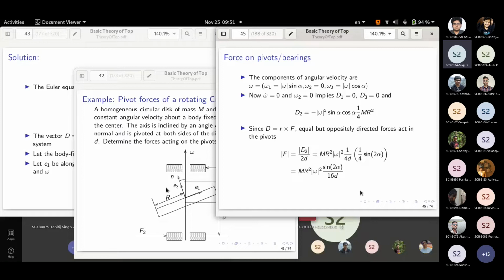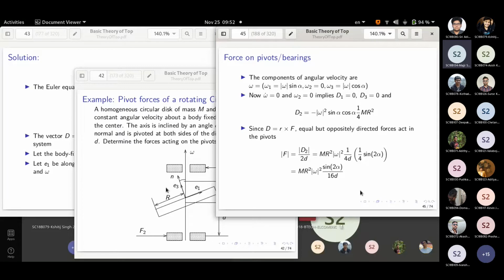Couple is D equals R cross F. It is R into F now for our case. R is your d. Since there are two of them, the torque is due to both, so you have to take the number as 2 into d. Any questions here?